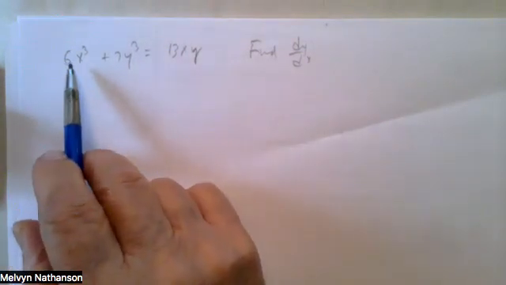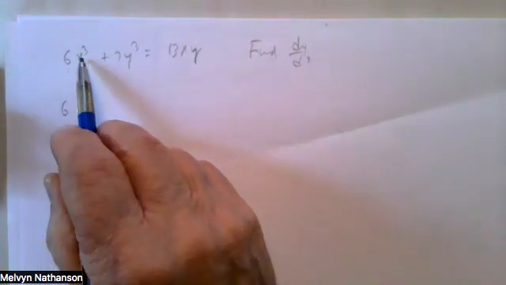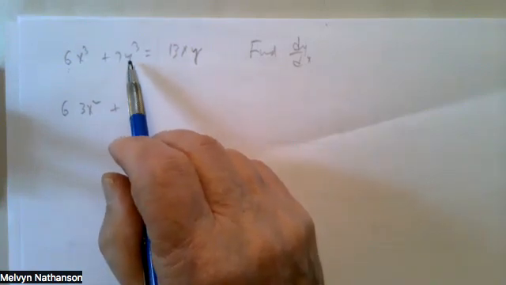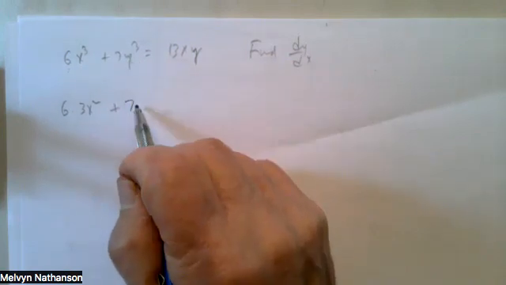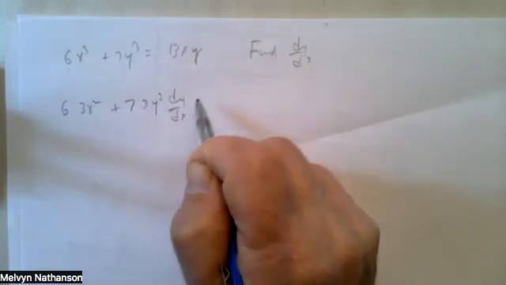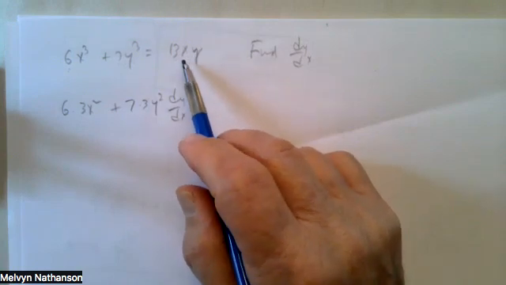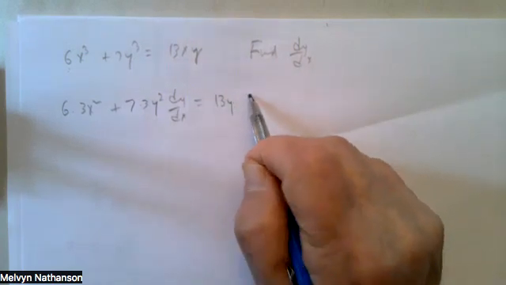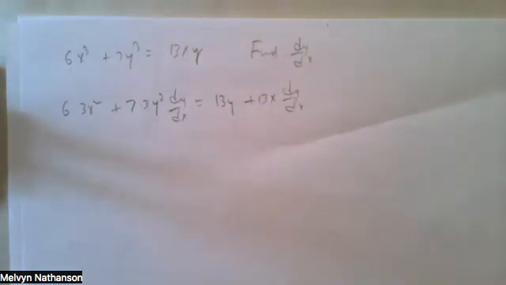If you differentiate with respect to x, the derivative of 6x cubed is 6 times the derivative of x cubed, which is 3x squared. The derivative of 7y cubed with respect to x is 7 times the derivative of y cubed with respect to y times dy dx, equals the derivative of 13xy. By the product rule, that's the derivative of 13x, which is 13, times y, plus 13x times the derivative of y with respect to x.